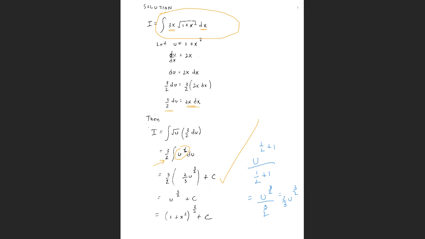Just as an aside, if you had d dt of t cubed, that's 3 times t to the 3 minus 1 power, which gets you 3t squared. Well, the antiderivative goes the reverse of the power rule. Instead of subtracting 1, we have to add 1 to get the antiderivative. And that's how we arrive at 2/3 times u to the 3 halves. That's how we get there.